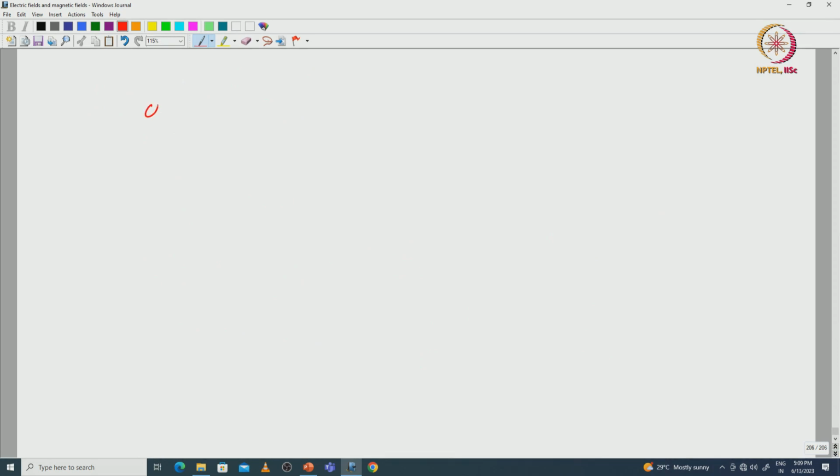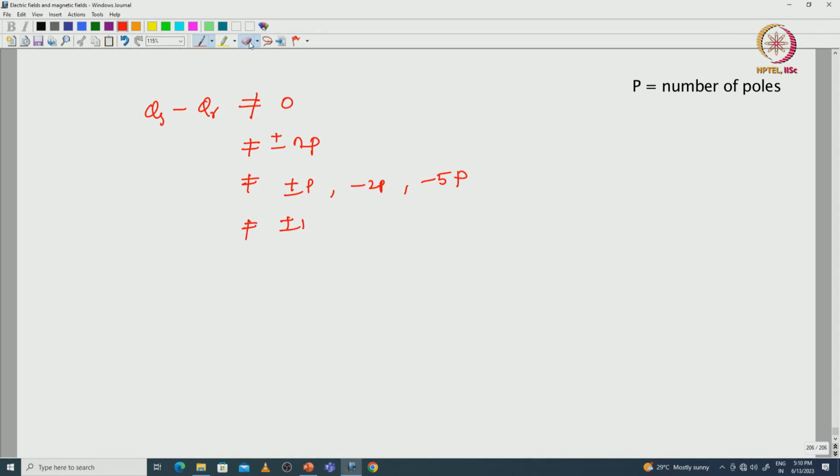The summary with respect to the rotor slots: the difference should not be equal to 0, and it should not be equal to n into p, where n is an integer, and it should not be equal to plus or minus p, minus 2p, minus 5p, and plus or minus 1, plus or minus 2, plus or minus p plus or minus 1, plus or minus p plus or minus 2.